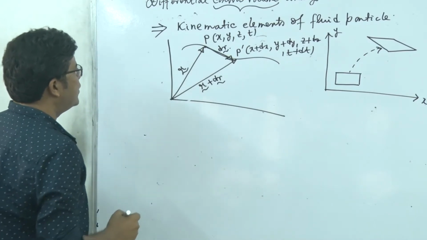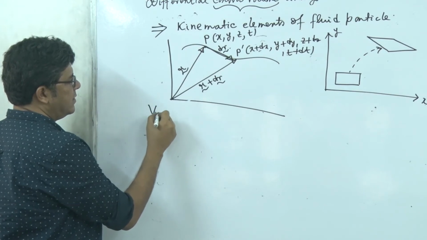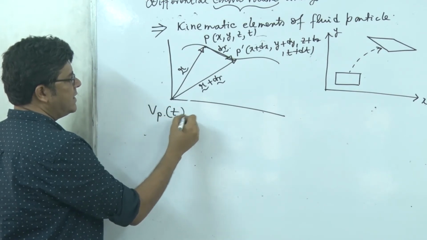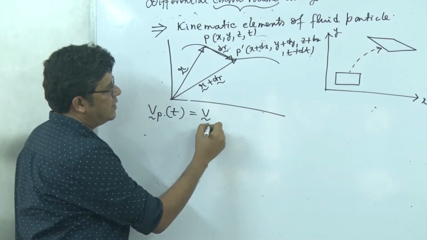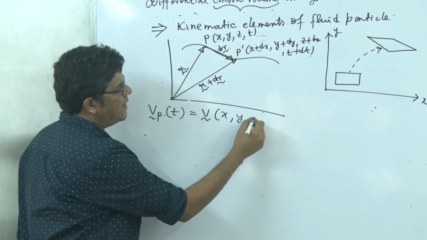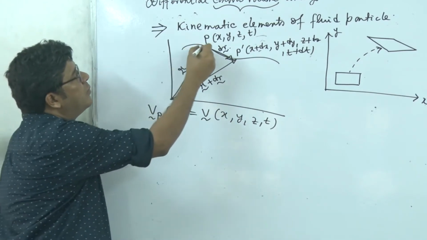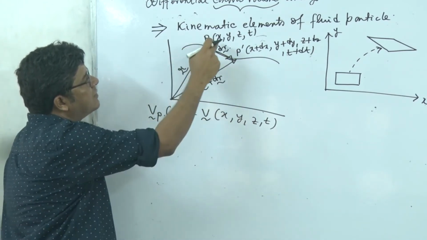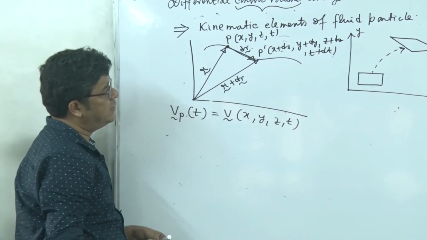Okay? So if I say that velocity of the particle at time t, so this is same as the field expression of velocity at x, y, z and t, because the particle is passing through the point P which has got the coordinate x, y, z, and the particle is passing at a time t.